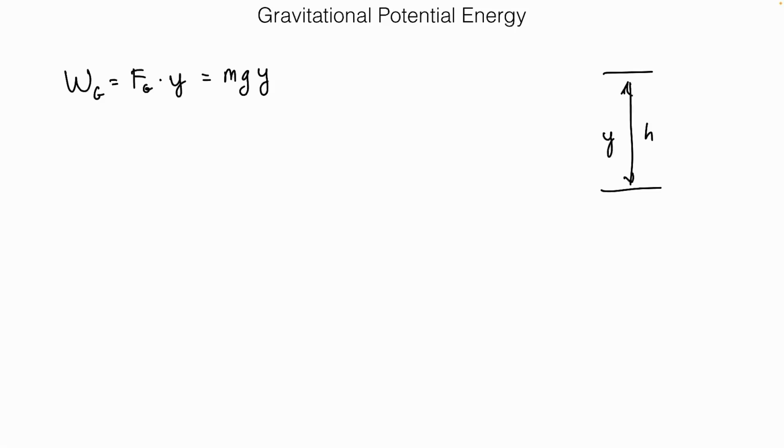So that's the work that gravity did. That work caused a change in something. Isn't there an initial y and a final y? It's here and then it's there. If we say 0 is the floor, then what's the final y? 0, right?